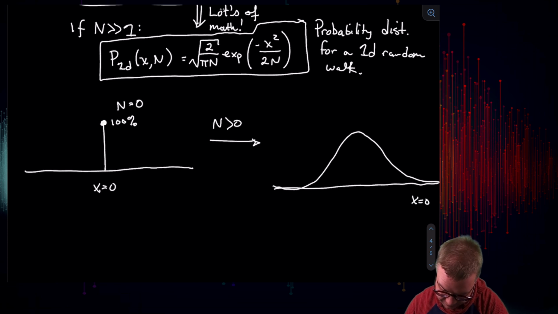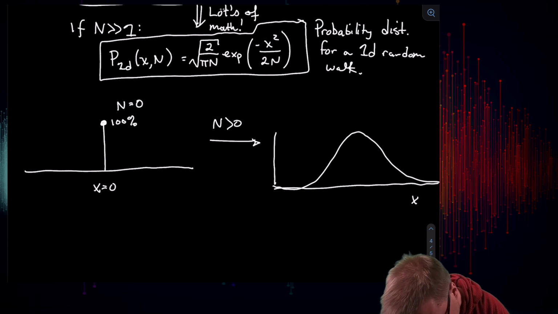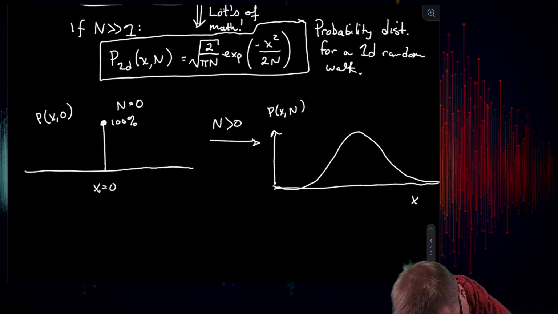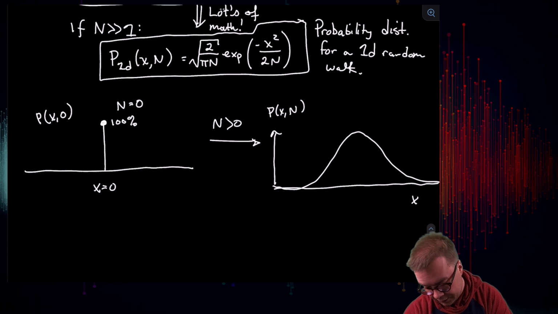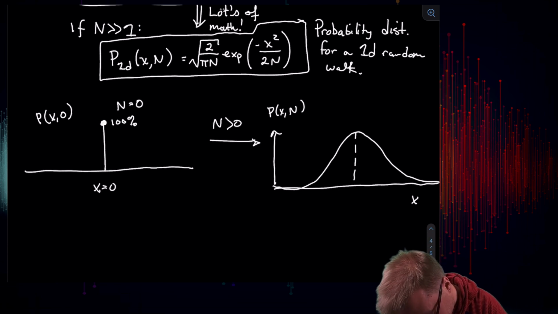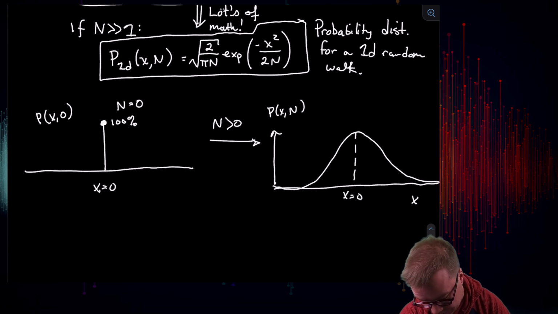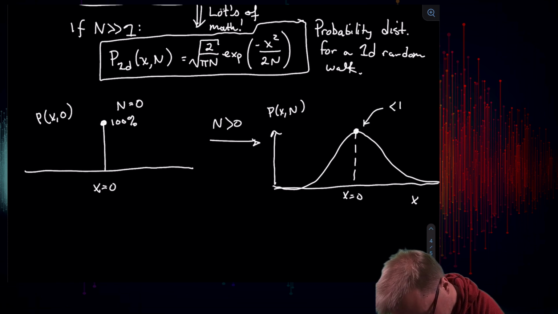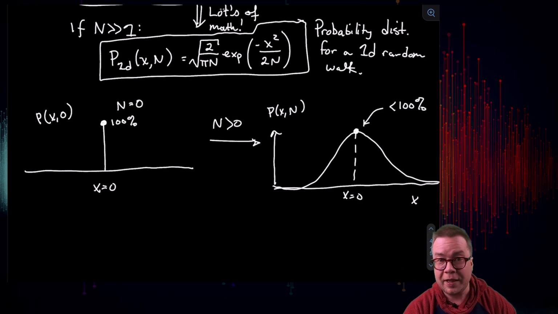And so on the x-axis is still the position. On the y-axis is the probability of being at that position after n steps. And so it's still centered about x equals 0, but now this point right here is now less than 100%.